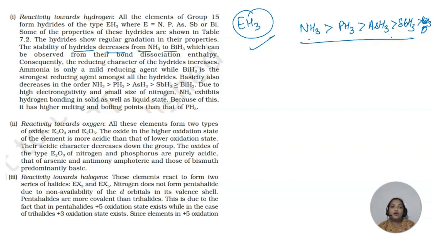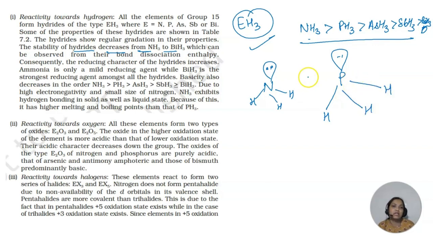Now you should know about the basicity also. Nitrogen has a lone pair of electrons, and phosphorus will also have one. But phosphorus atom is bigger in size, so because of its big size, these bonding electrons move away. Moreover, in ammonia the lone pair is concentrated on a small atom and easily available for donation.